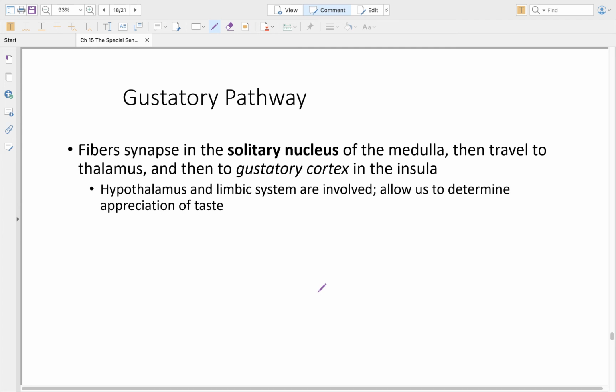When these neurons synapse in the medulla, the medulla sends that information to the thalamus, and then inside of that system we have something called the gustatory cortex. So basically we have various parts of the brain involved in determining the taste of your food and also appreciating the taste of your food, especially since the hypothalamus and the limbic system are directly involved, which they are.